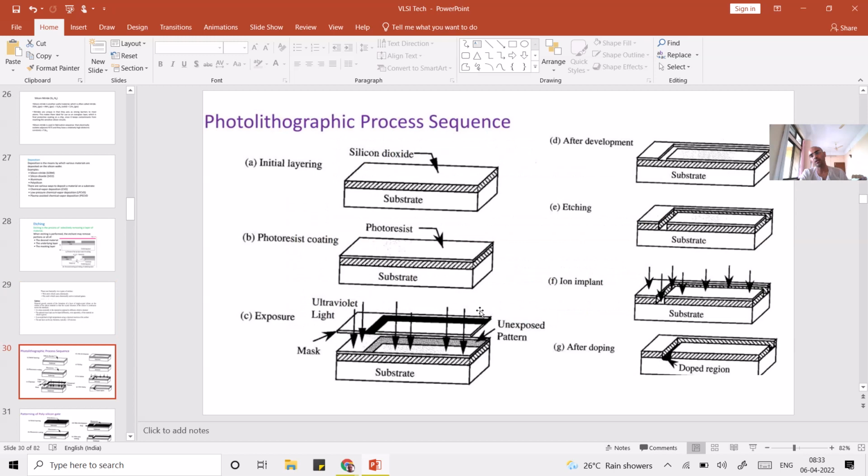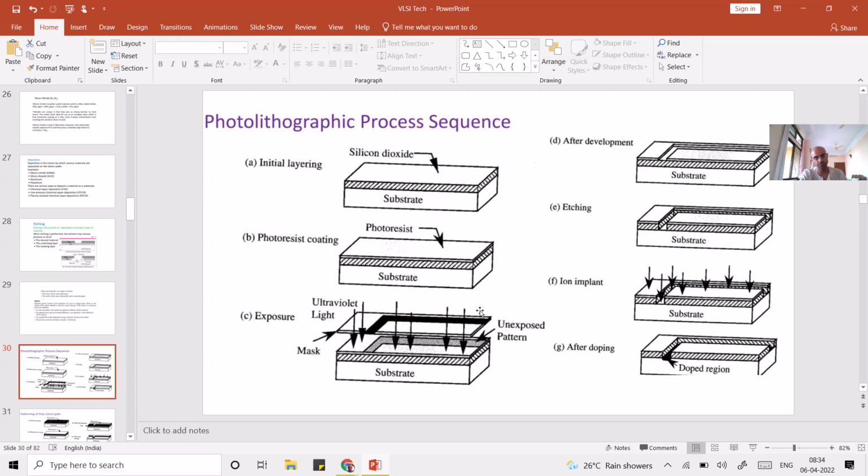Now, having discussed almost all the methods, let's come to the various processes required to fabricate the device. When I said deposition, I also meant the deposition of the photoresist, if you want. The photoresist deposition is also done by the methods you have already seen. As I told in one of the classes, you put some drops of the photoresist and then spin coat it.